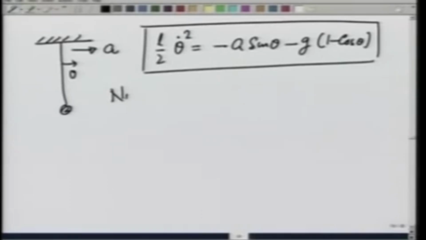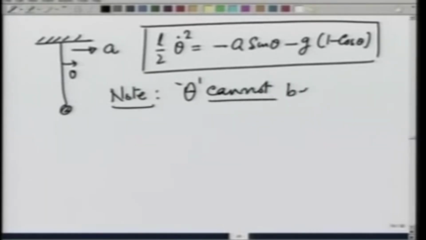Note 1, theta cannot be positive. If theta becomes positive, the right hand side would be negative, and that will give you theta dot square to be negative, which cannot happen. Therefore, the pendulum has to swing in negative theta direction. It has to swing back.